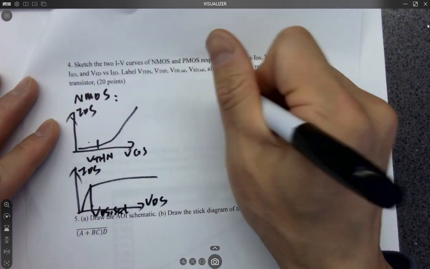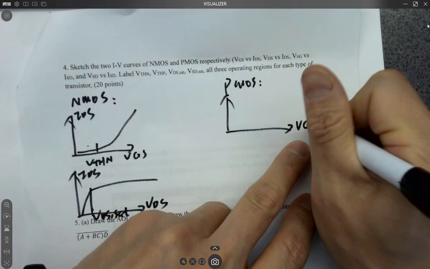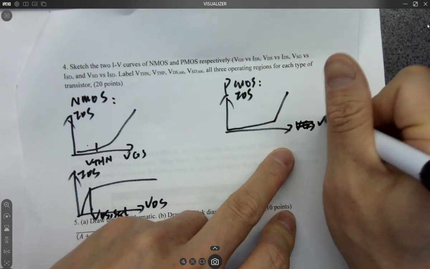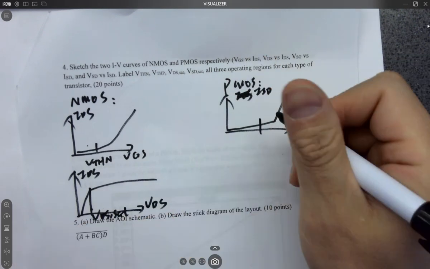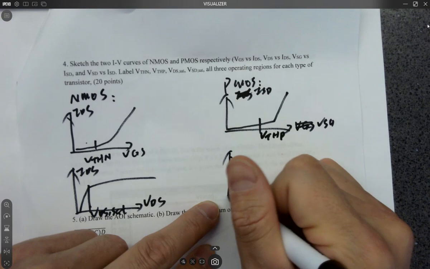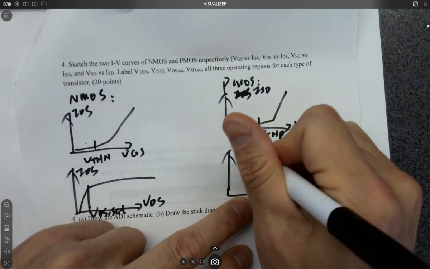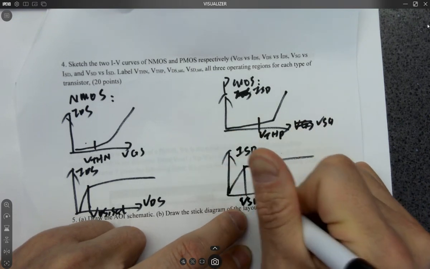PMOS. VGS, IDS, oh sorry, VSG, ISD, VTHP, VSD, ISD, VSD set.